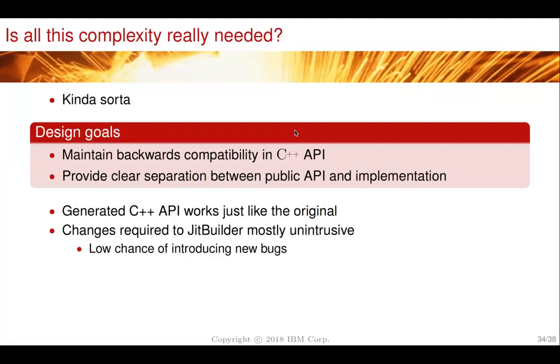And finally, the second design goal, which was to provide a clear separation between the client API and implementation, was also achieved. In fact, in my diagrams, I have a dashed line separating the two. So we have really separated these two quite well.